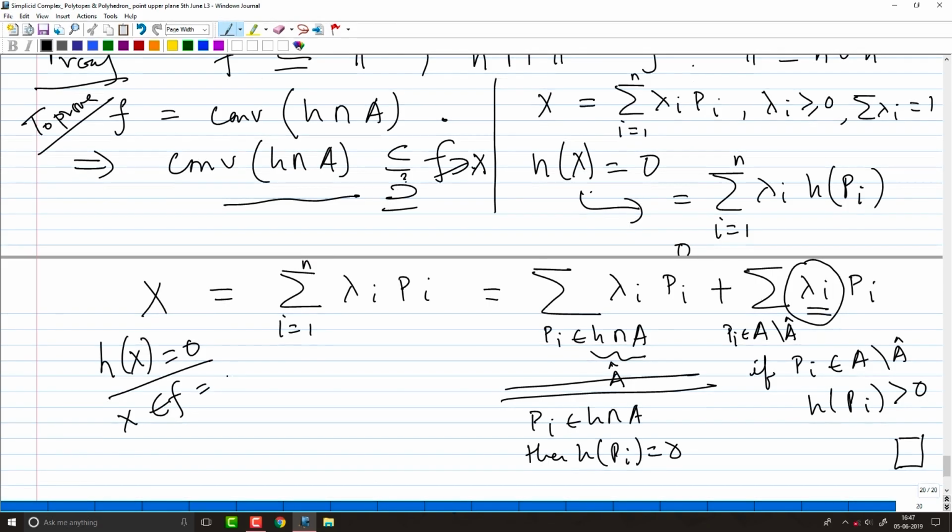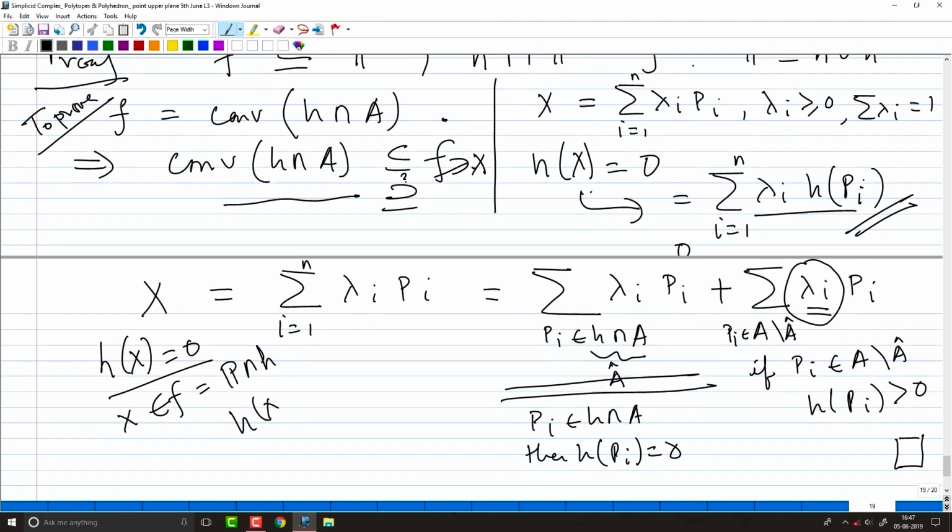And F is equal to P intersection the hyperplane H. Good. And I also know this formula that we have written, that Hx is equal to summation i from 1 to n lambda i h of pi.